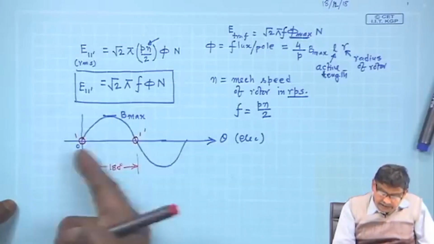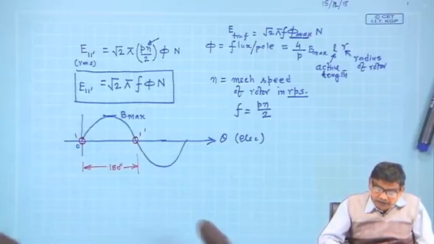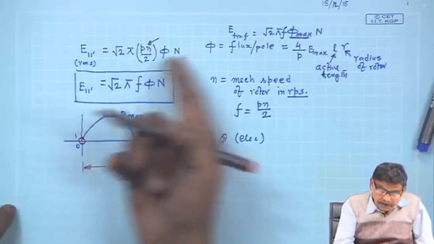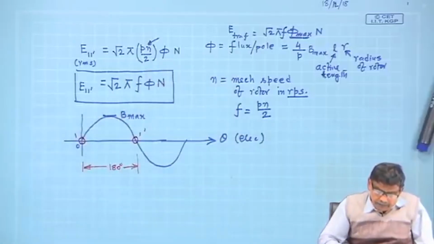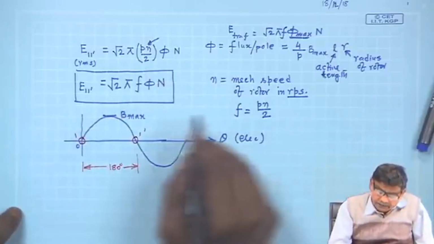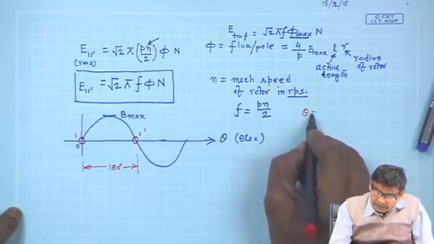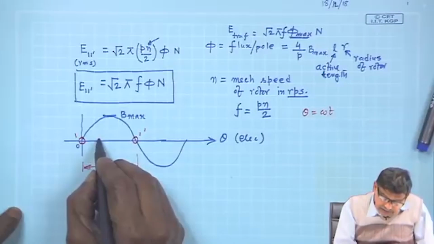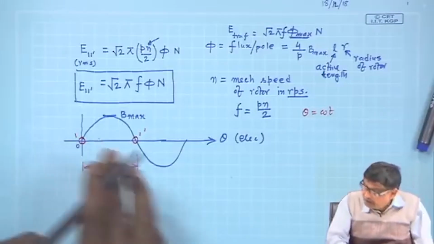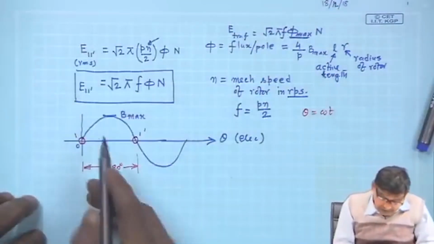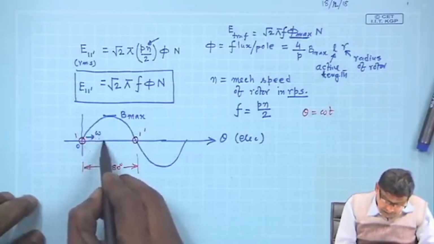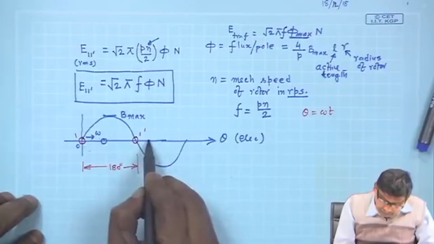Now, this tangential velocity v was converted to the angular speed like this, by noting that position theta is nothing but omega t. At any time t, the new position of the coil will be say here, as it is moving with a speed omega radian per second.